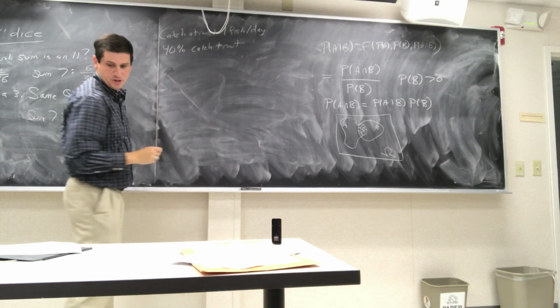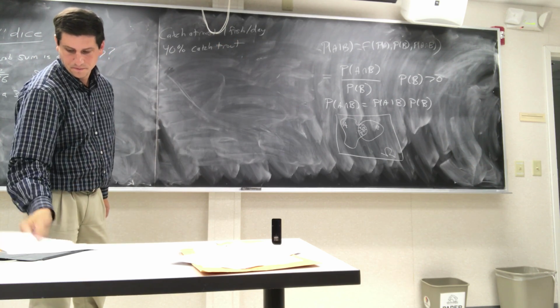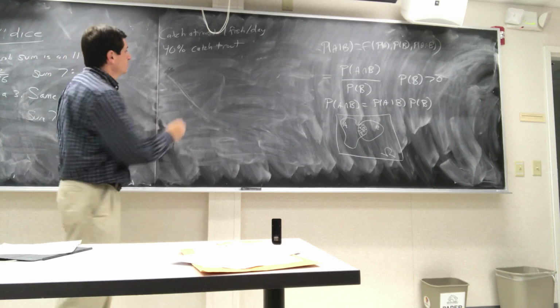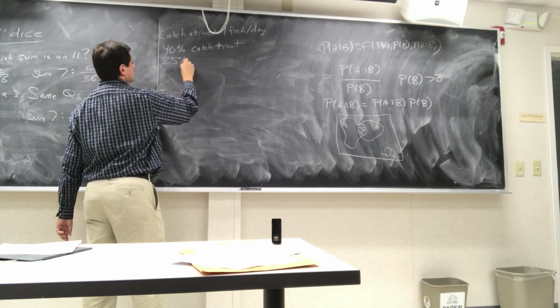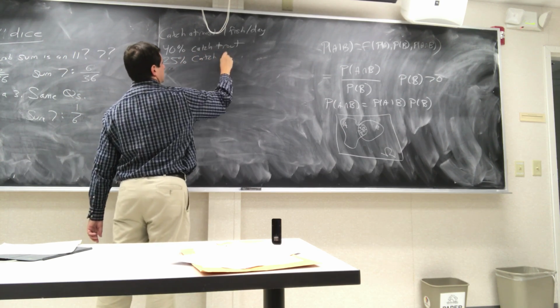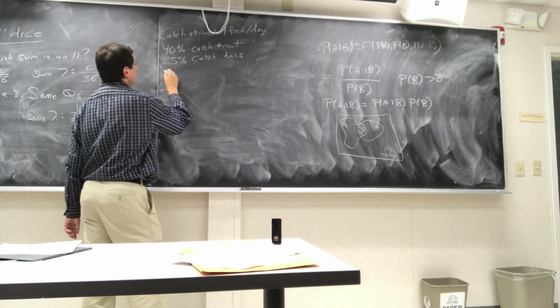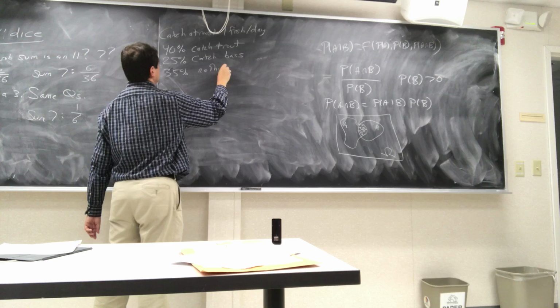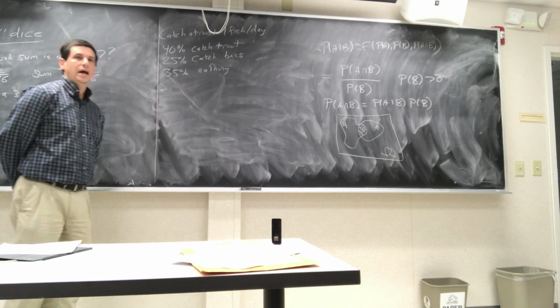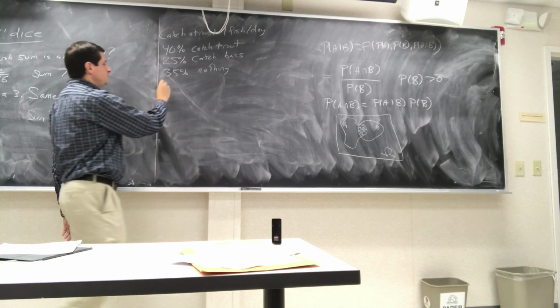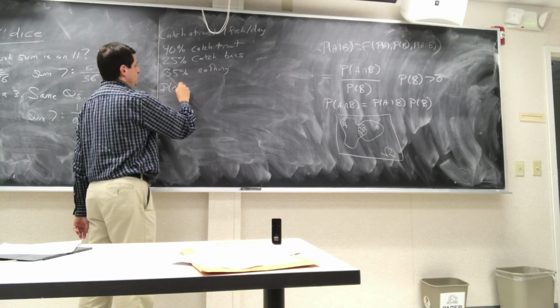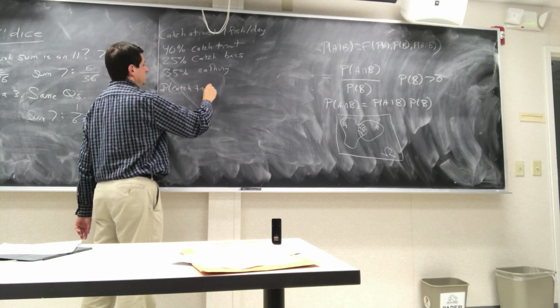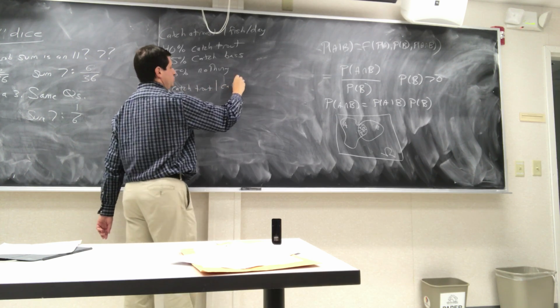I think it was a 25% chance you catch a bass. And then you have a 35% chance that you get nothing. We want to calculate the probability you catch a trout given that you catch a fish.